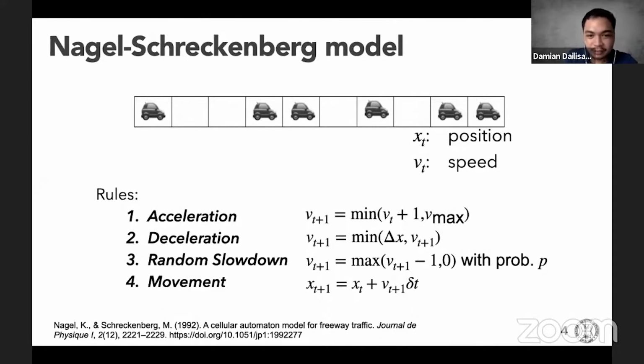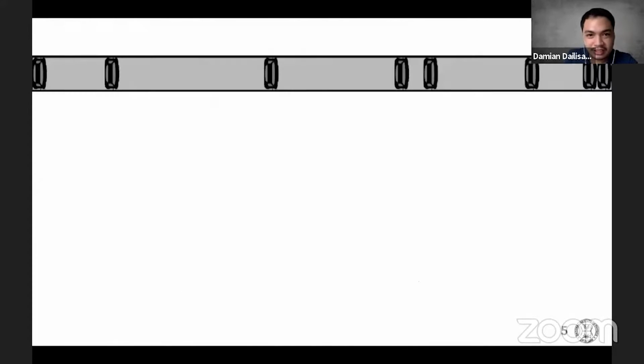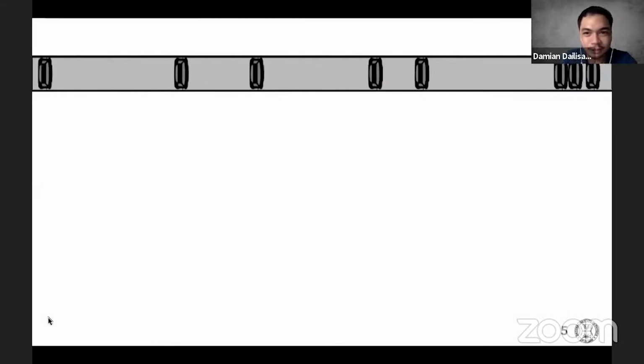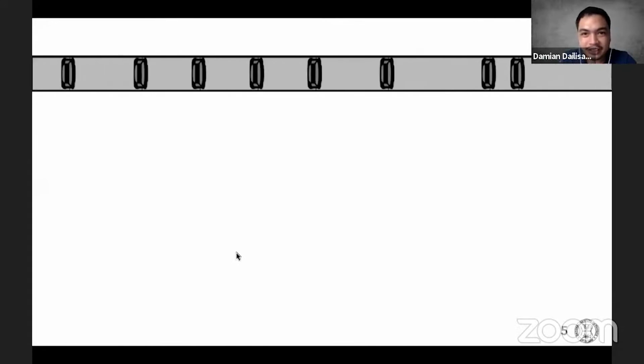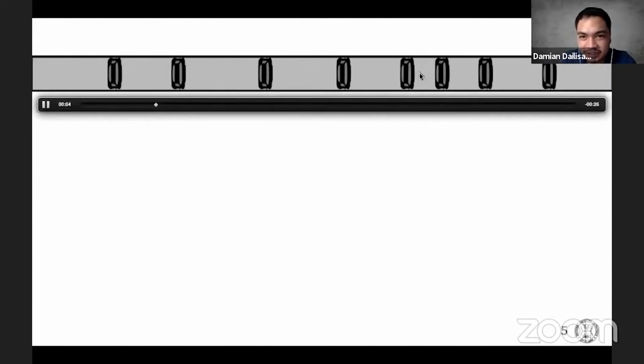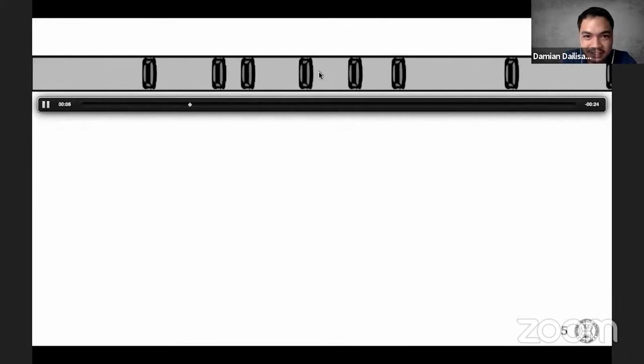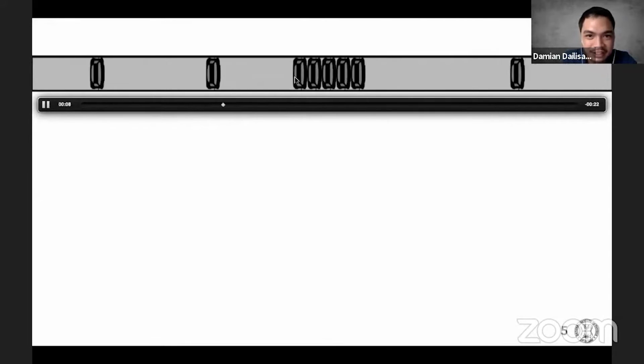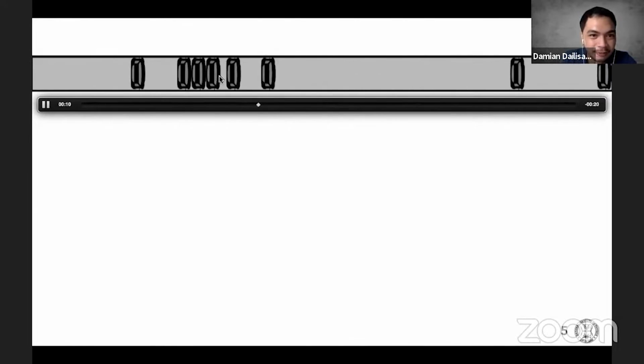So the combination of these 4 rules can be visualized in this very distorted simulation that I have. So I have an animation of the model running for you. And you can see there is this clump of vehicles that's slowly moving backwards. That is your phantom jam.